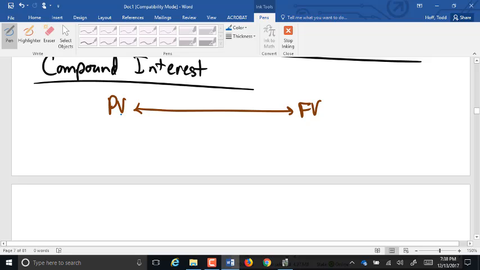So for our compound interest, we have a present value, which is now, future value, which is some point in the future. Then, of course, in between there, we have rate, compounding, and time.